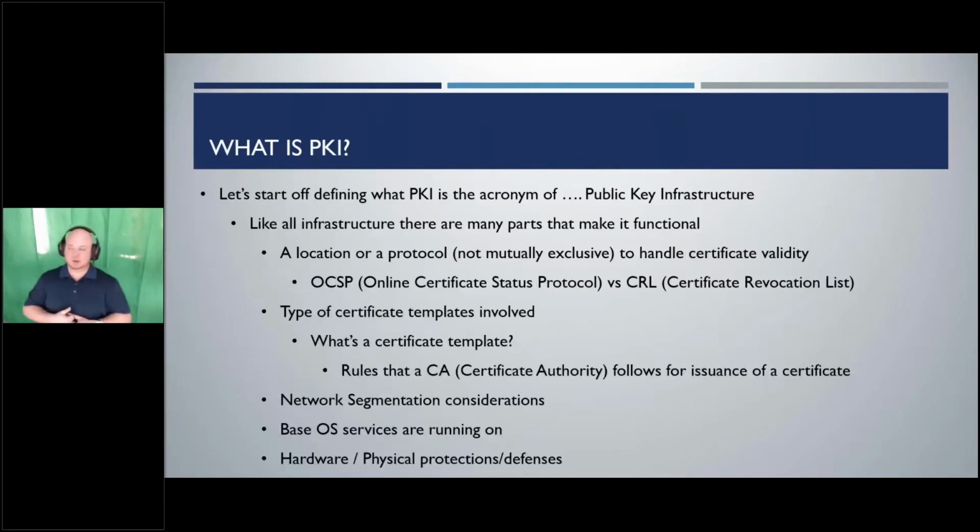The big call out here is, like any other infrastructure within IT, there's a lot of different pieces of it. We need a location or a protocol to validate certificates. We can do that through one of two mechanisms: CRLs, certificate revocation lists, or OCSP, Online Certificate Status Protocol, okay? The two are not mutually exclusive.